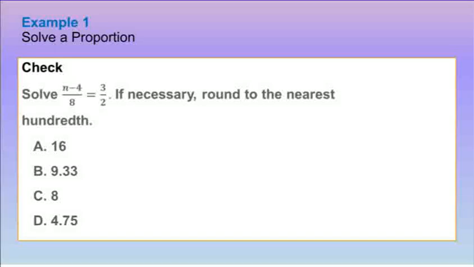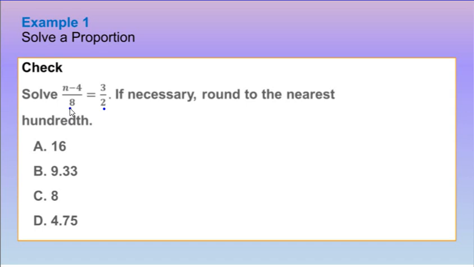Next one, solve n minus 4 over 8 equaling 3/2, if necessary, round to the nearest hundredth. Now this one, I look at my denominators or my numerators. If I find that the numbers work well with each other, meaning I can multiply by a constant and get one of those numbers, I'm going to use that method. I'll show you two methods here, and then you get to choose which method you prefer.